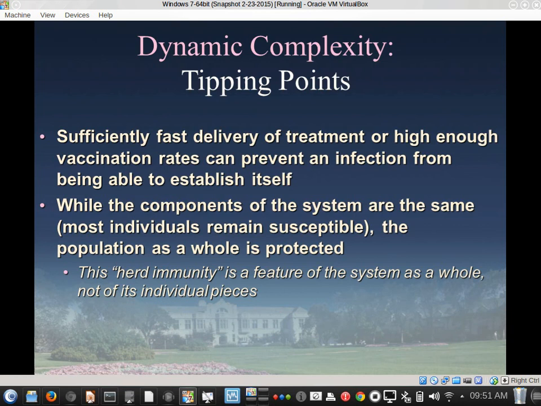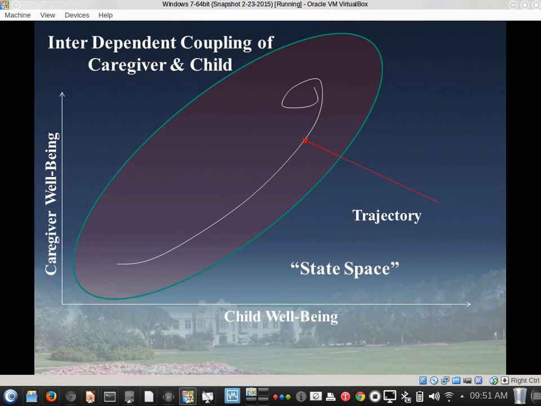We could shift, for example, this interaction between caregiver and child from a situation of adversity in a kind of vicious cycle of depression on the part of the caregiver, rippling through to lack of response on the part of the child and lack of warmth in the relationship. We can shift it to a situation which is equally stable, strong and robust and resilient up in the upper part of the diagram there.